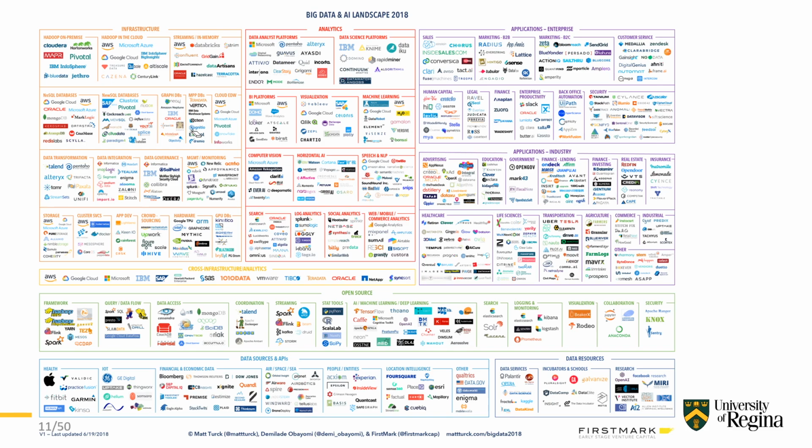This is a big data and AI landscape in 2018, and there are new ones every year. This guy, Matt Turk, creates it. I'm using this for educational purposes. If you look at this huge map, you could search it online and get a copy of it.